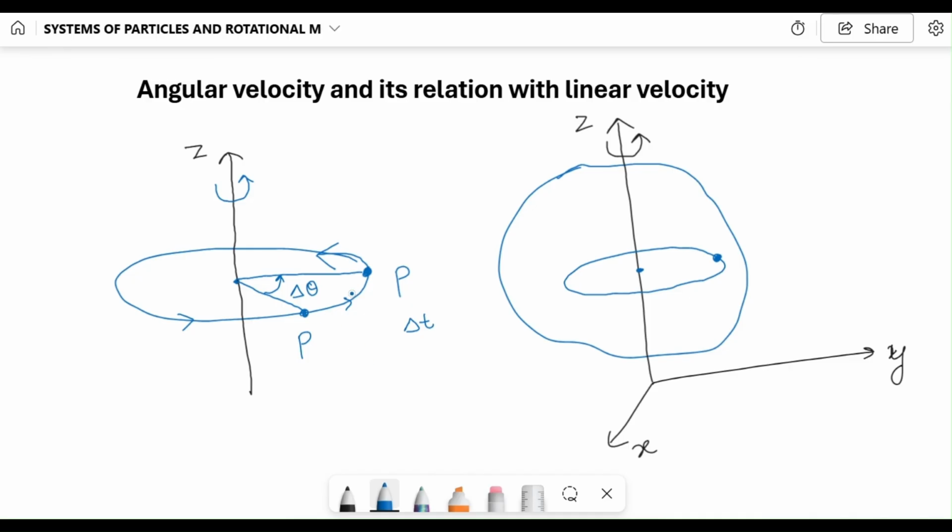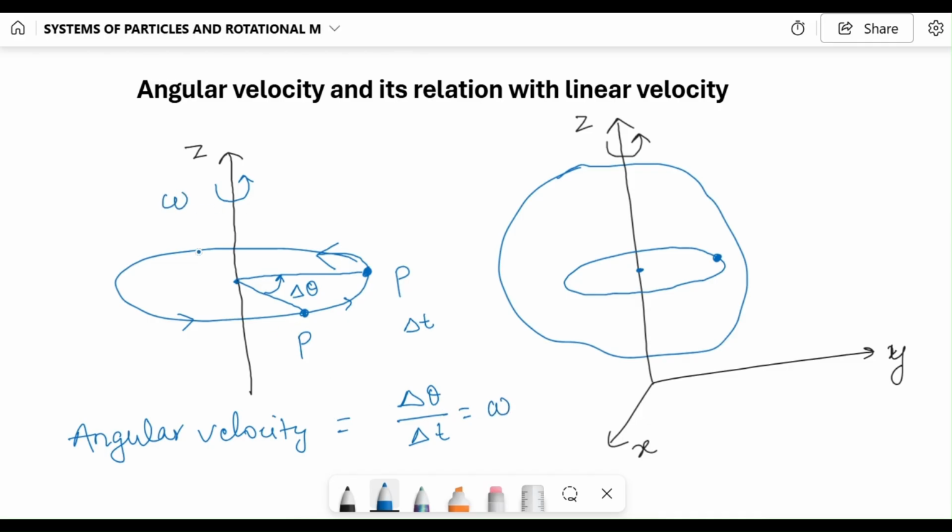Let's say this angular displacement is delta theta. So there will be angular velocity also, and on average this angular velocity is delta theta by delta t, and we denote this angular velocity with omega.